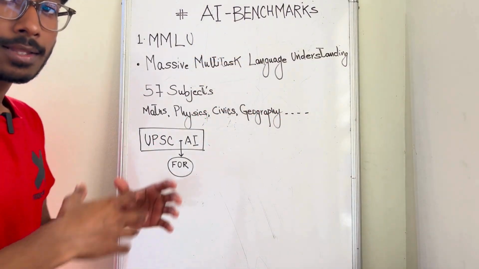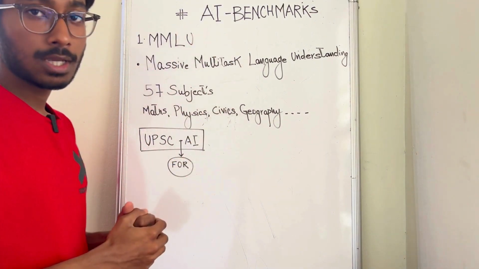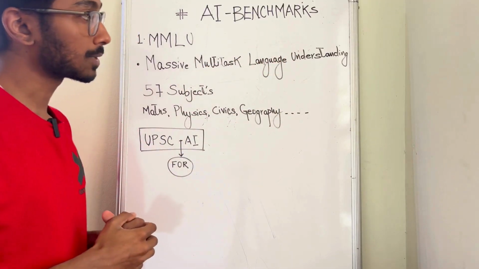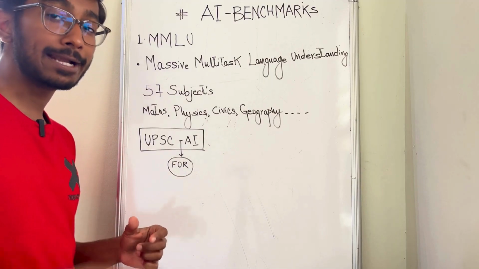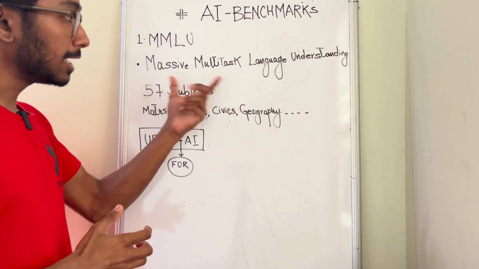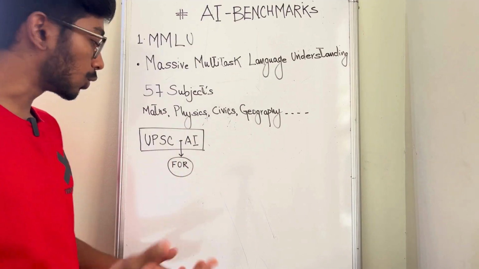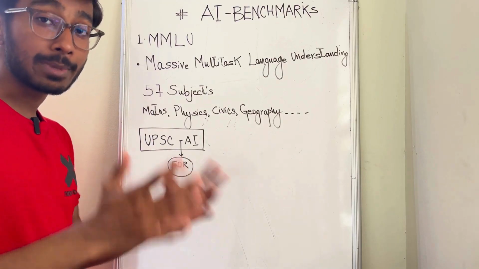The very first benchmark for this video is MMLU, which stands for Massive Multitask Language Understanding. You would have seen MMLU a lot of times as a benchmark. It will be displayed in a graph, and MMLU consists of 57 subjects which include maths, physics, civics, geography, economics, law, you name it.